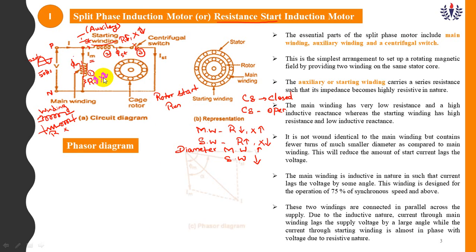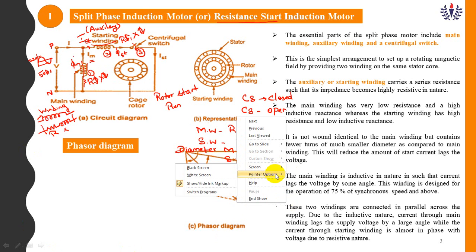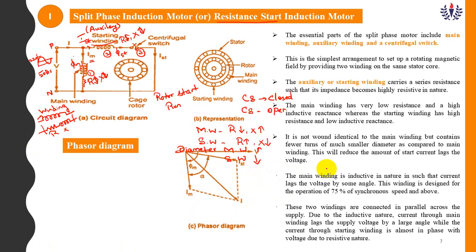You see this phasor diagram. In this phasor diagram, this line is the voltage V, this is Im, and this is Ist. The angle from V to Im is phi m.